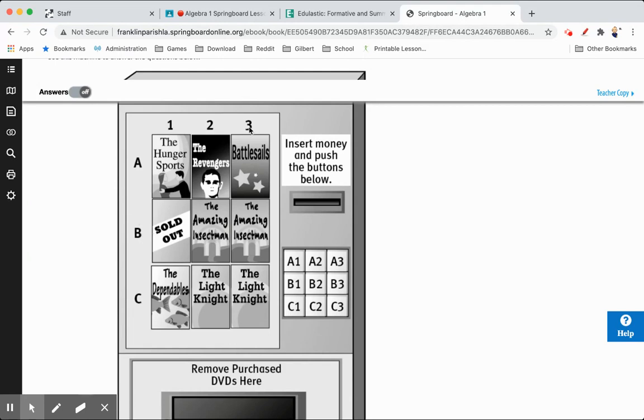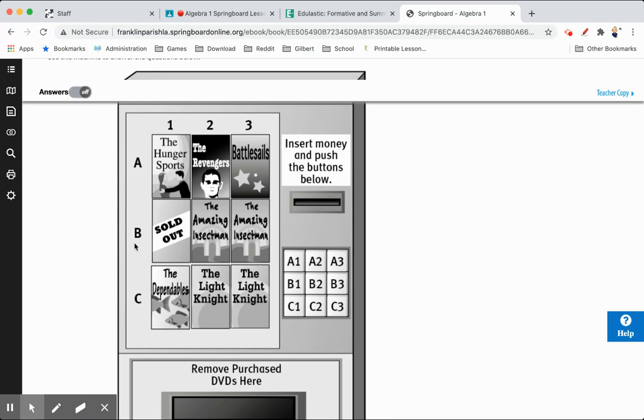We did press B3 and get another amazing insect man, but that's still getting one thing when we press those buttons. B2, I got one copy of the insect man. B3, I got one copy of the insect man. It doesn't matter that it's the same thing that happens when I do those things.